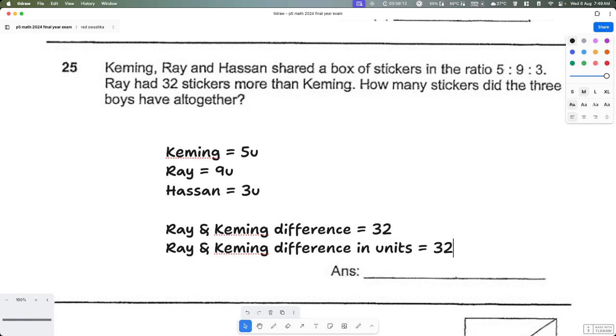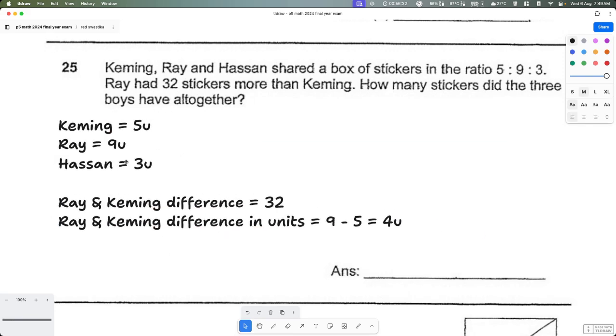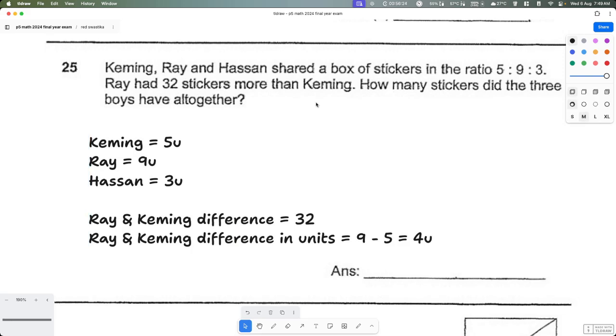Is equal to, so Ray and Kaming, 9 minus 5. This will be 4 units. Okay, so in this case, 4 units is equal to 32. 1 unit is equal to 32 divided by 4. This will give us 8.